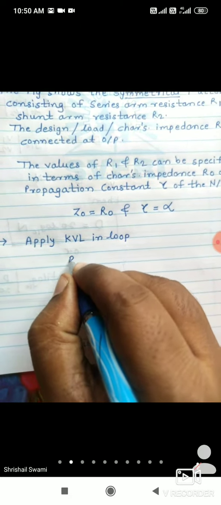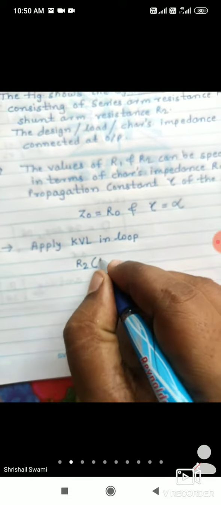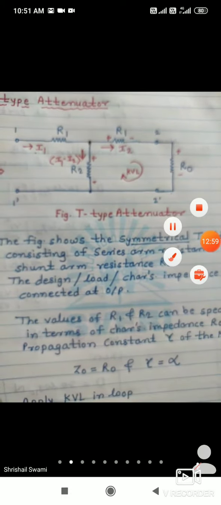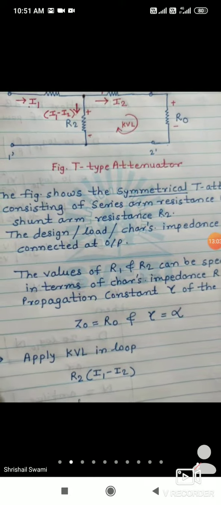Okay. So R2 into what is the current value here? I1 minus I2. That will be R2 into I1 minus I2. Why is it plus? Because minus to plus is there. Okay, minus to plus is there, that's why it is plus.